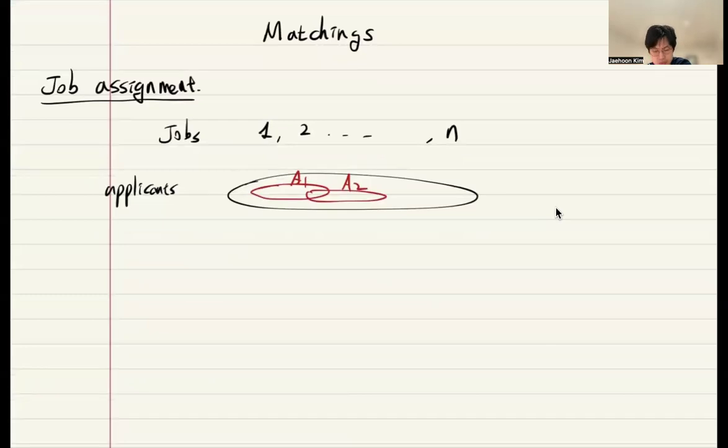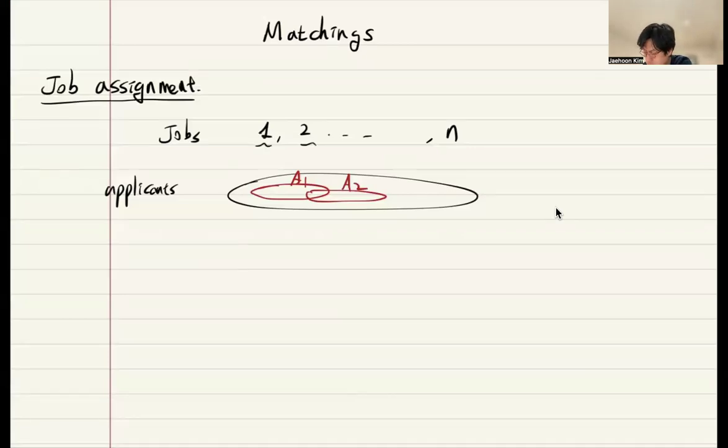Then what's the typical situation in this case? For each job, we want to hire people. Among these qualified people, you want to choose the person who will do this job. But we want to make sure that for each job, you choose one applicant who will do this job, and each applicant will do only one job. This is a full-time job.